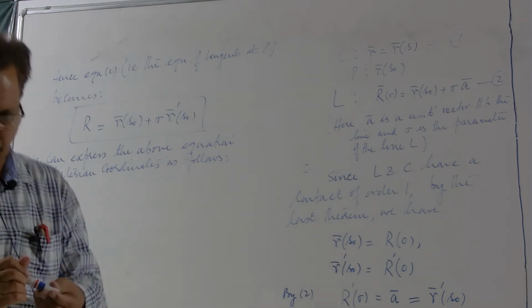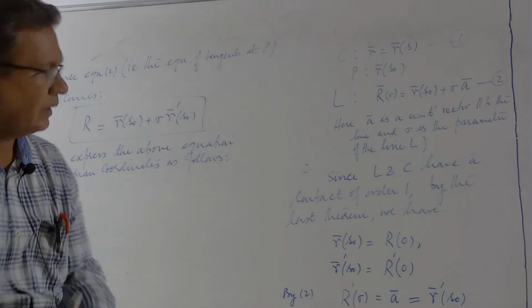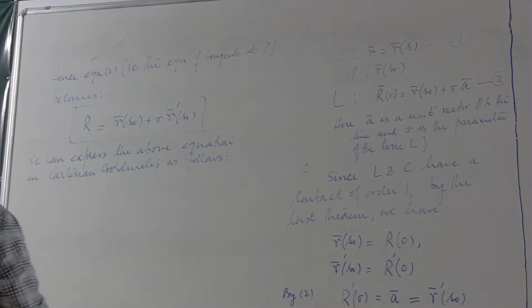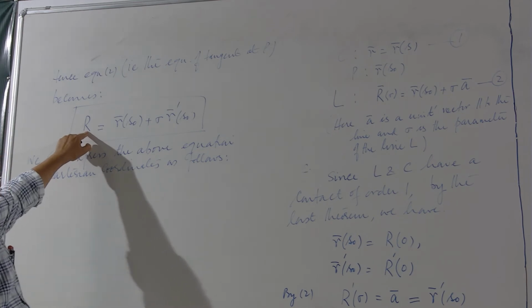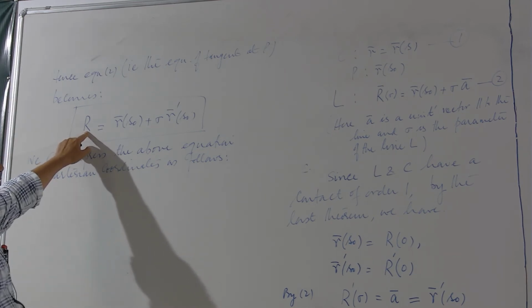The vector R is a vector in R3, I can assume, and it is an arbitrary vector over the line.